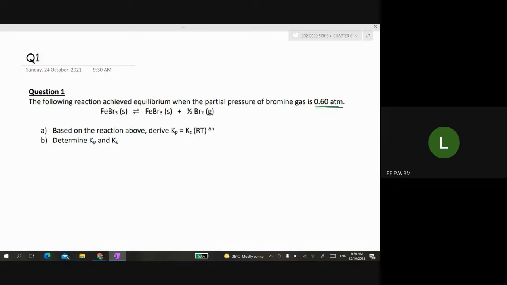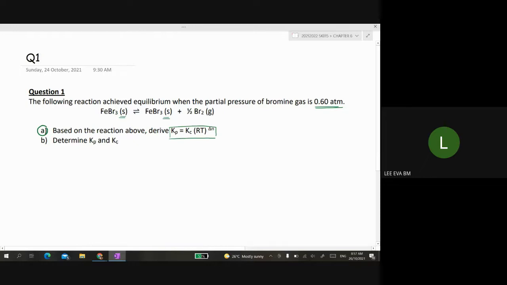Again, in this species, which one are we going to ignore? The solid. It has no pressure, and its concentration is constant. So for the Kc and Kp expressions, both we are going to exclude the solid phase. For part A, based on the reaction above, we want to derive the equation just now.